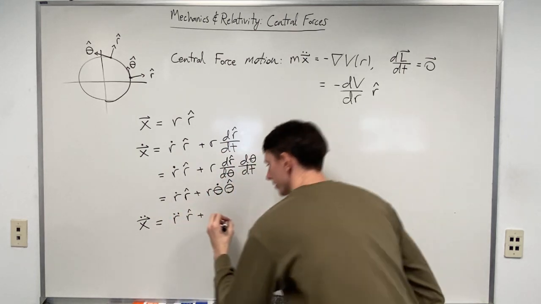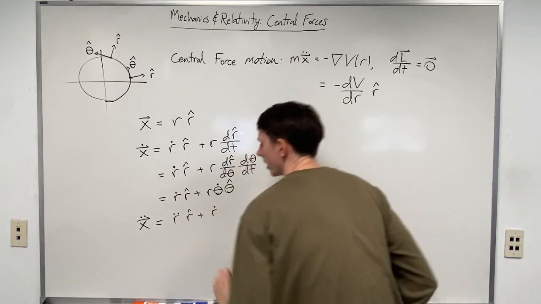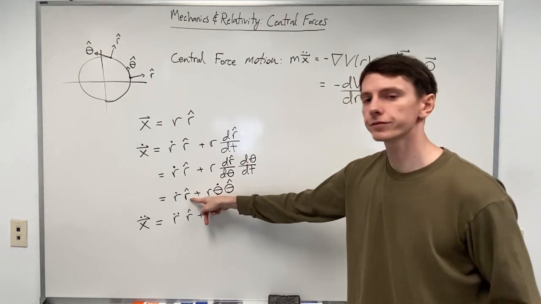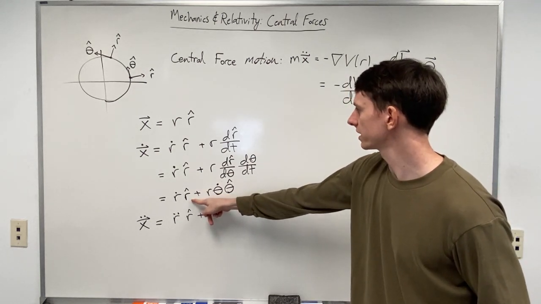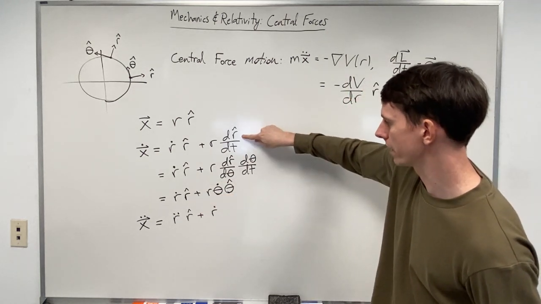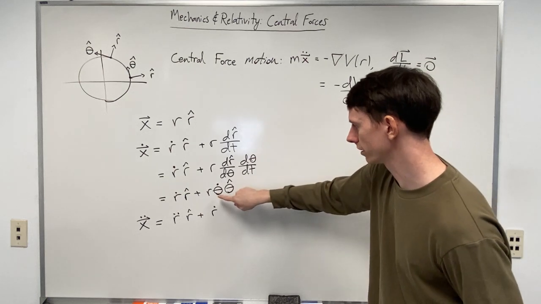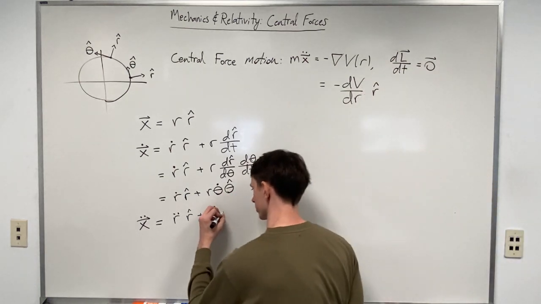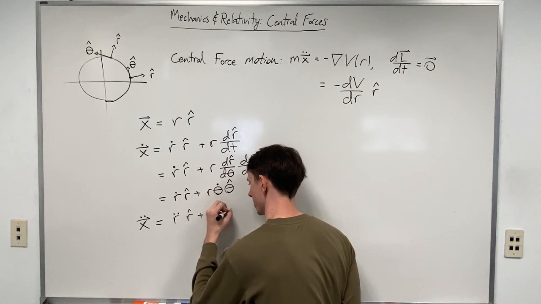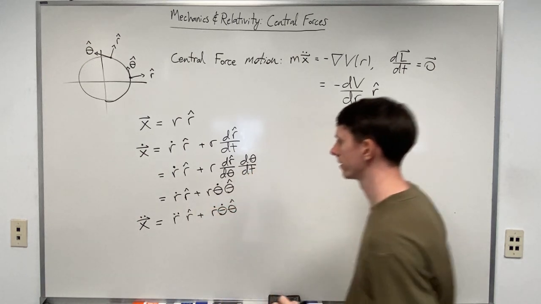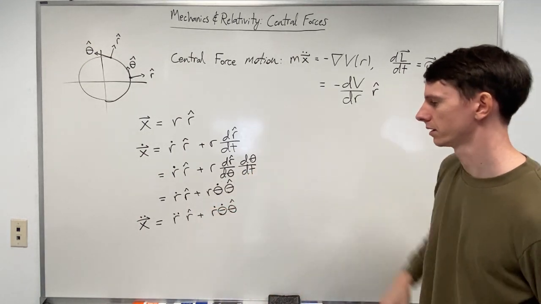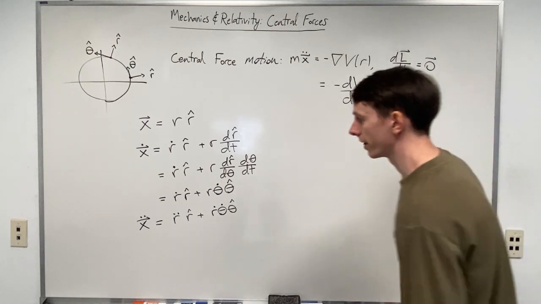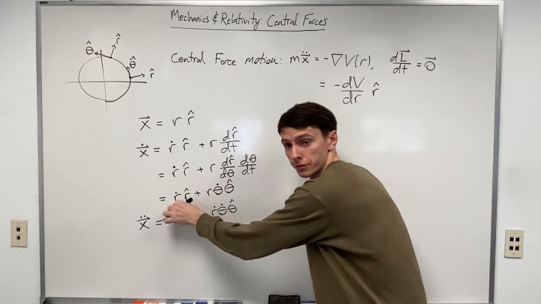And then the second one is going to be r dot times the time derivative of r hat. Well, we said that the time derivative of r hat right here is just theta dot times theta hat. So I'm just going to write that right here. So this is just theta dot times theta hat, for the same logic that we applied up until this point. That would be the time derivative of the first term.